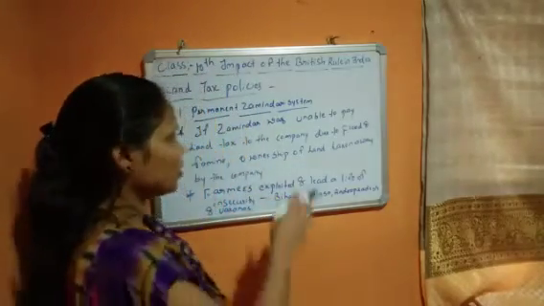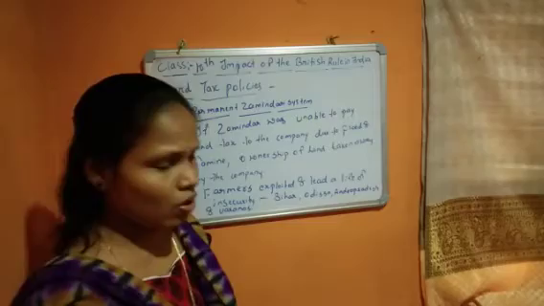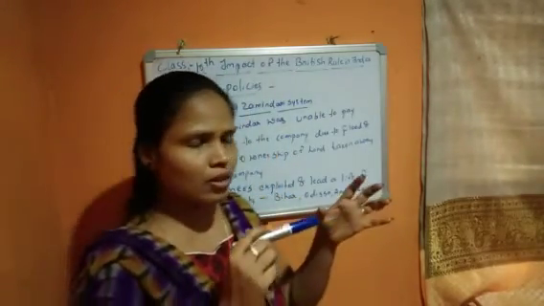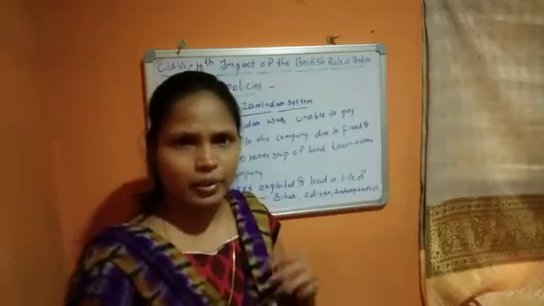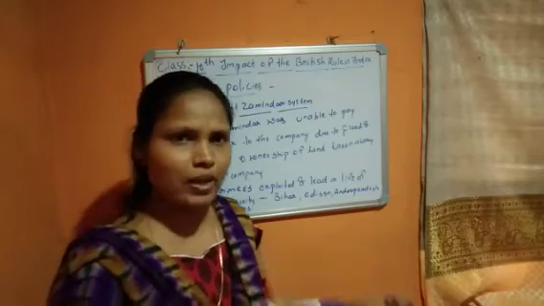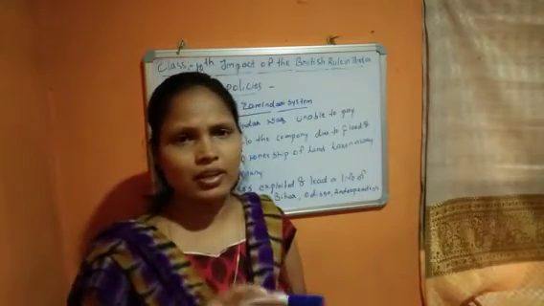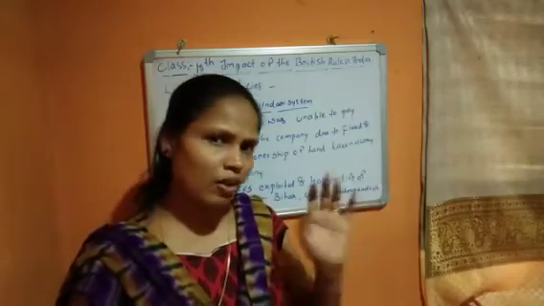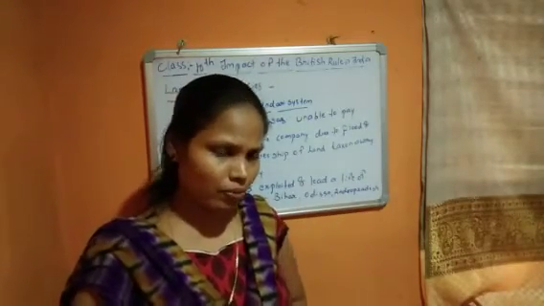These are all the points you have to mention. First one, Lord Cornwallis implemented the permanent zamindari system in Bengal in 1793 to collect land tax from the farmers.